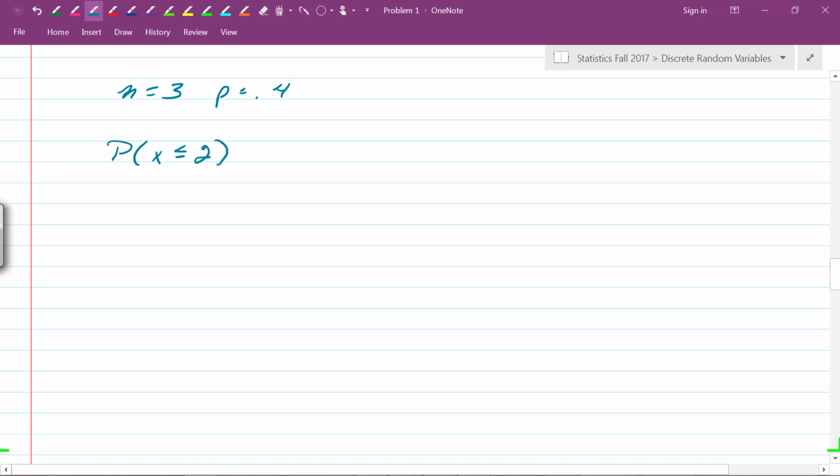We have a couple of different ways of solving this. The first thing you need to look at is our sample space, which only has 4 possibilities.